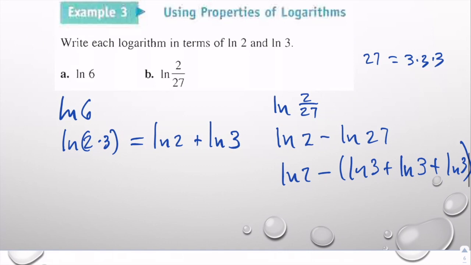If we distribute that, or we could just add those together, we can actually write this now as ln of 2 minus 3 ln of 3. And so that is the same as saying ln of 2 over 27.